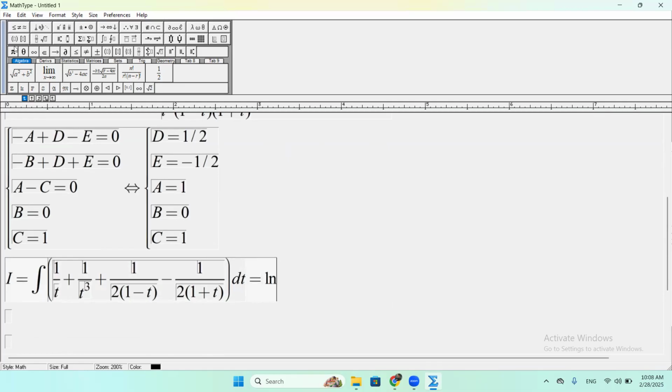So we have logarithm of modulus of t minus 1 over 2 t square minus 1 over 2 logarithm of modulus of 1 minus t, and minus 1 over 2 logarithm of 1 plus t and plus c.